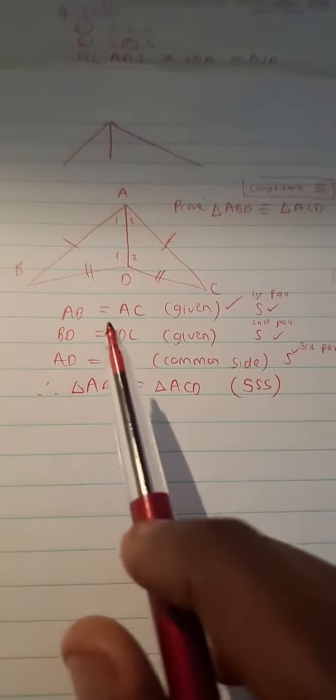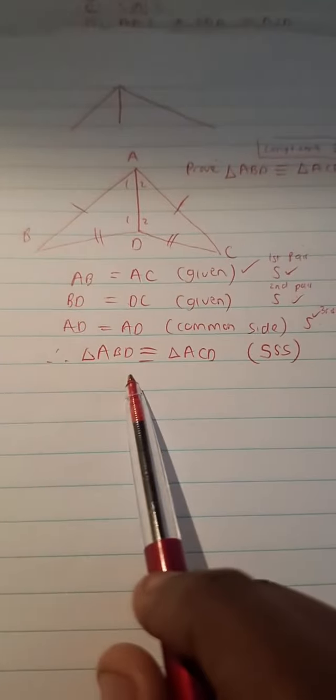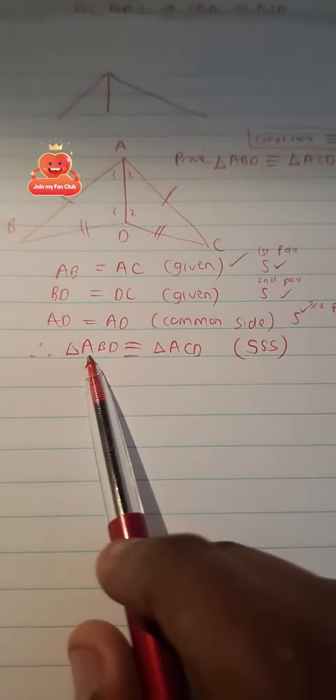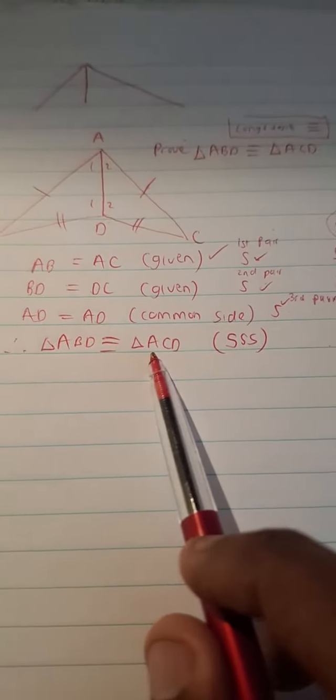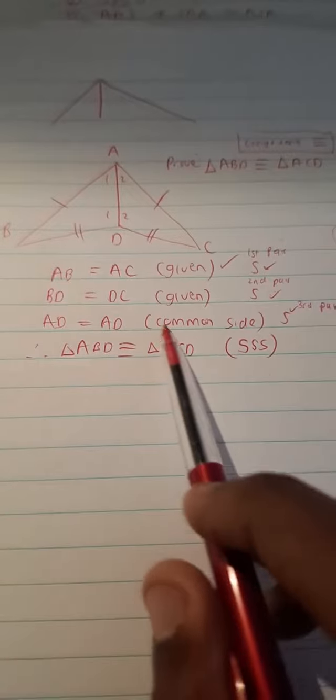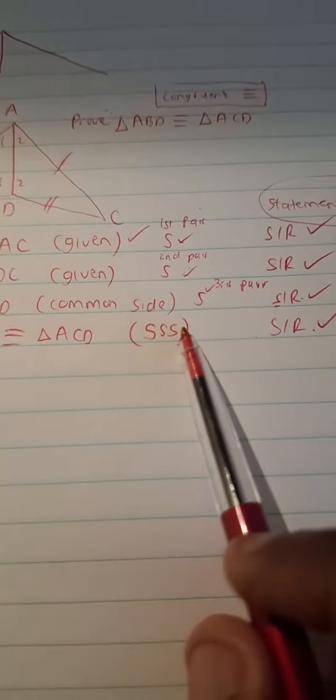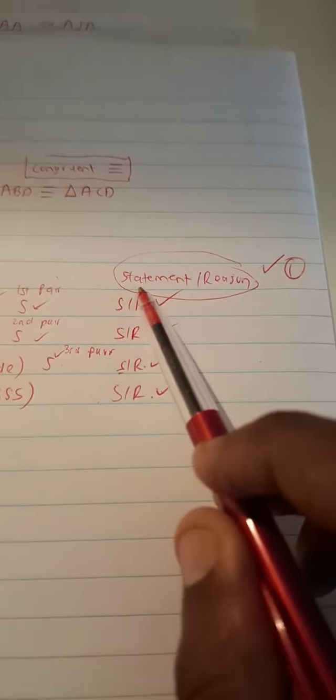The third pair gives you the mark. And then lastly, the concluding statement, triangle ABD being congruent to triangle ACD, with the reason gives you the 4th mark. So that's what SOR means, statement with the reason.